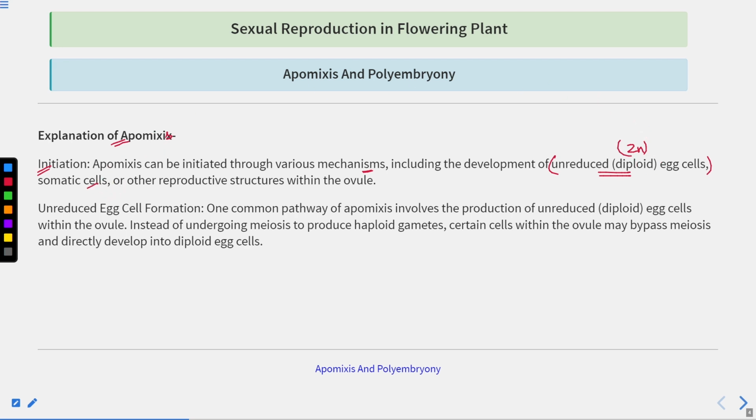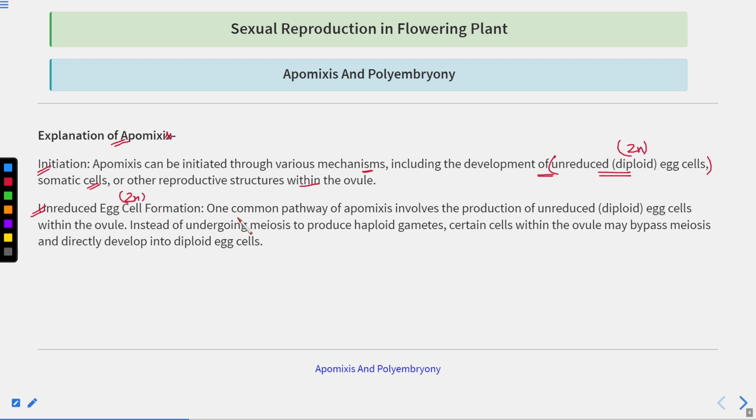Let's read it again. Apomixis can be initiated through various mechanisms, including the development of unreduced egg cell, somatic cell, and other reproductive structures within the ovule.